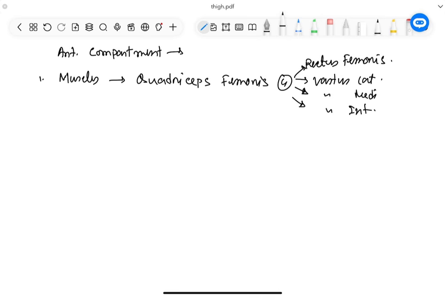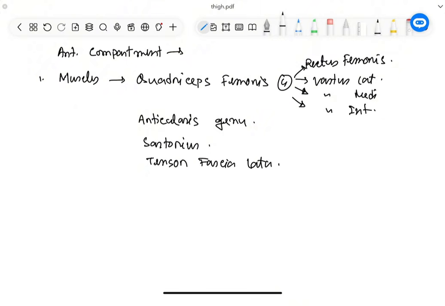Then there will be one more muscle called articularis genu, then Sartorius, and lastly tensor fasciae latae. These are the muscles of the anterior compartment of the thigh.